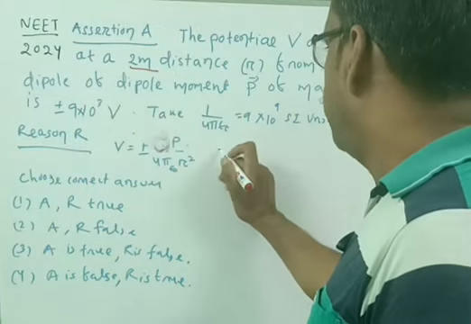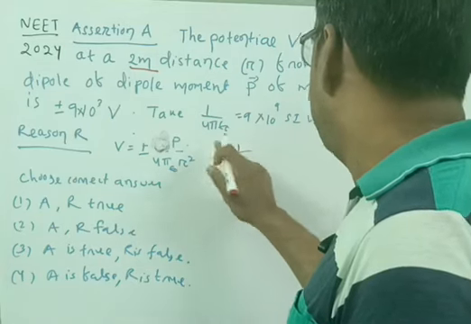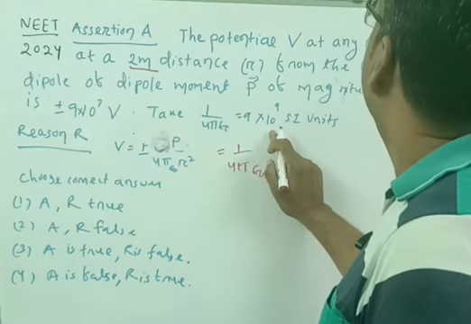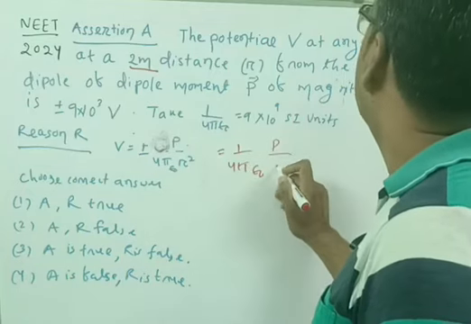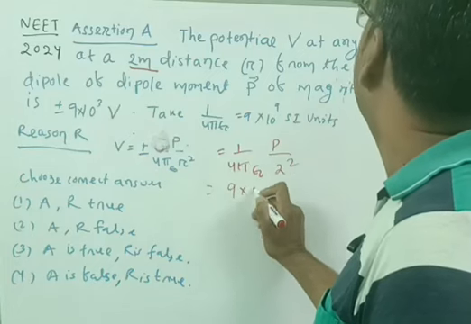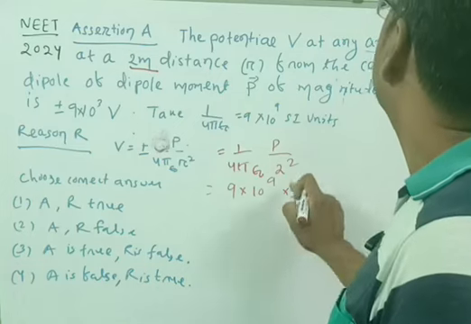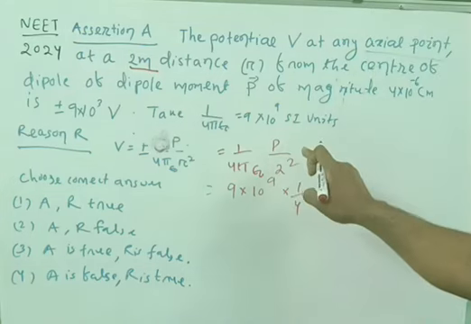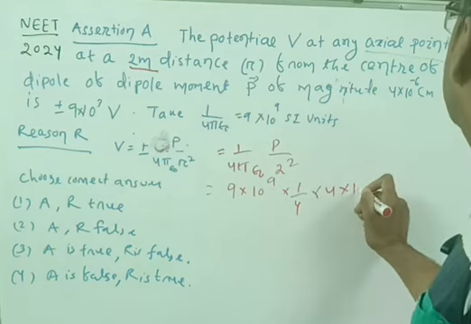Okay students, so we may put here 1 by 4 pi epsilon 0, which is given as 9 into 10 to the power 9, into P by R square. R square means 2 square. So this is 9 into 10 to the power 9, and into 1 by 4, this 1 by 2 square, and P, what is P? Dipole moment P, the magnitude is 4 into 10 to the power minus 6.